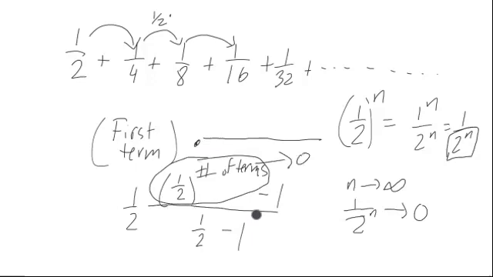So if we're looking at this infinite sum, pretty much what we do in this particular case, because 1/2 to a big number goes to 0, is this part vanishes. So our sum should be obtainable. Let's see. We have 1/2 times negative 1 divided by the quantity 1/2 minus 1. All right, let's look at that.